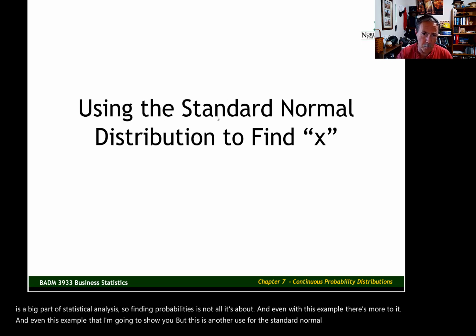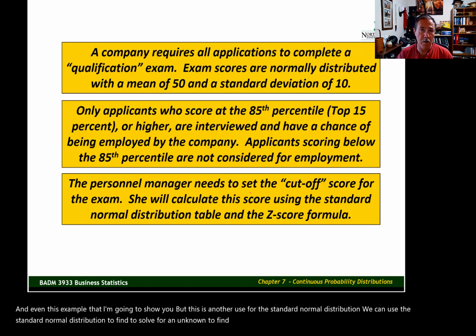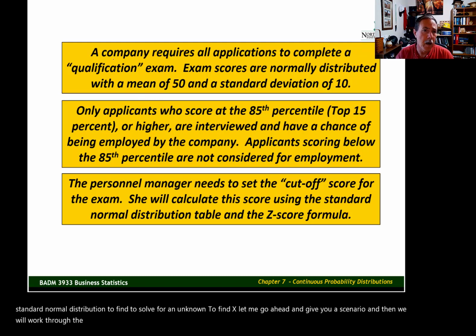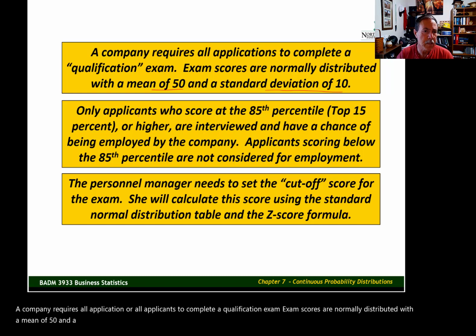We can use a standard normal distribution to solve for an unknown, to find x. Let me give you a scenario, and then we will work through the solution. A company requires all applicants to complete a qualification exam. Exam scores are normally distributed with a mean of 50 and a standard deviation of 10.